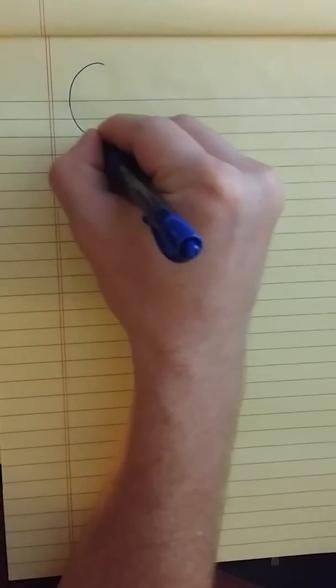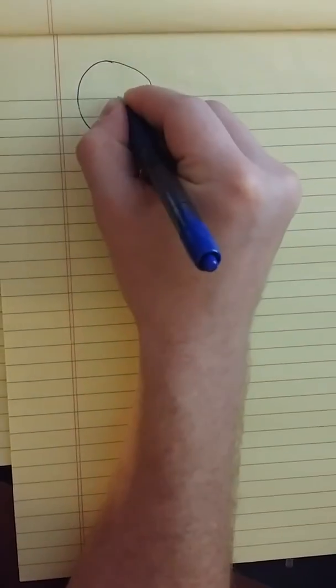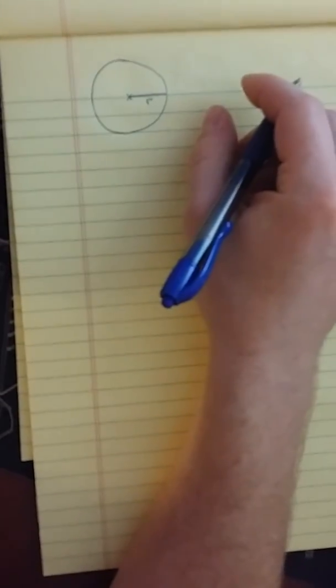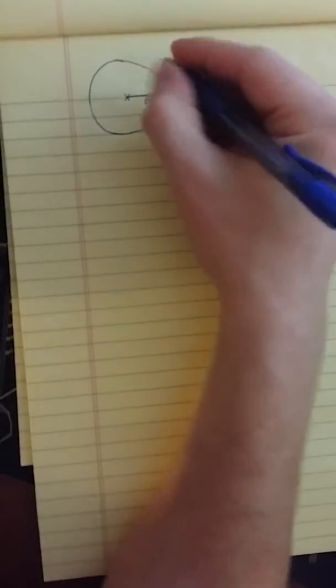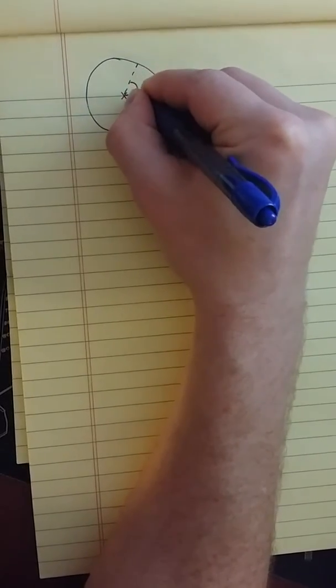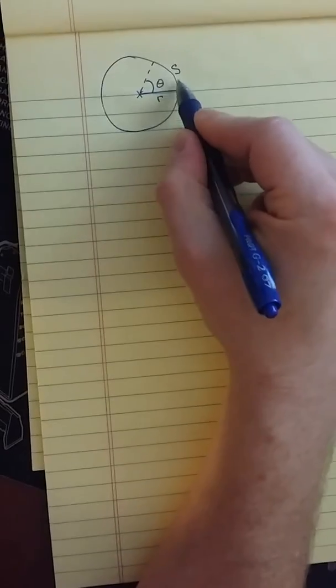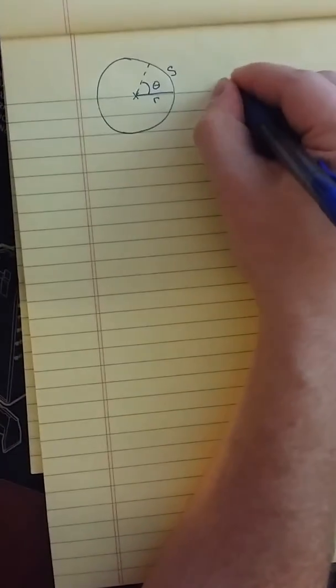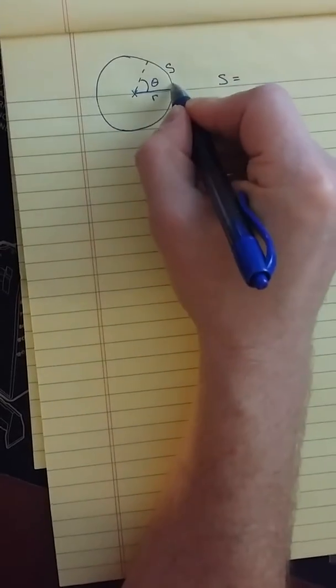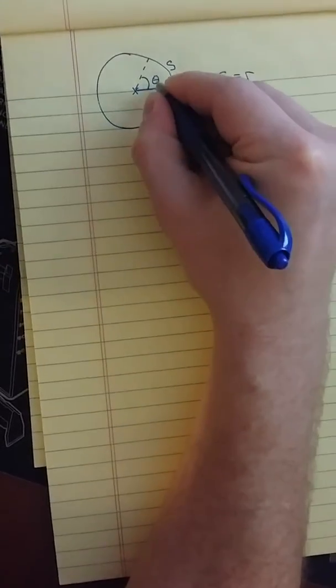So this is just geometry. If I have a circle, I've got some radius r there, and I want to know some arc length. I'm just going to call it s. And I know the arc length s, this distance, is going to be equal to the radius times the angle.